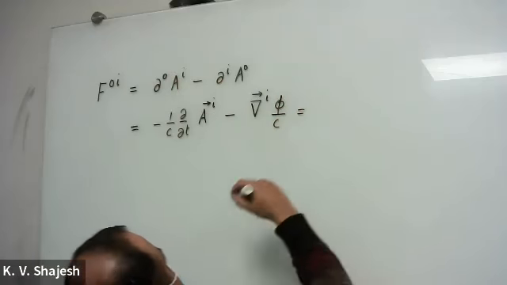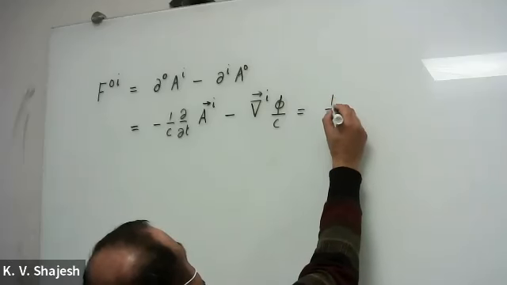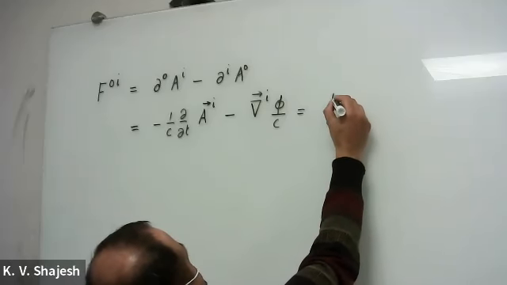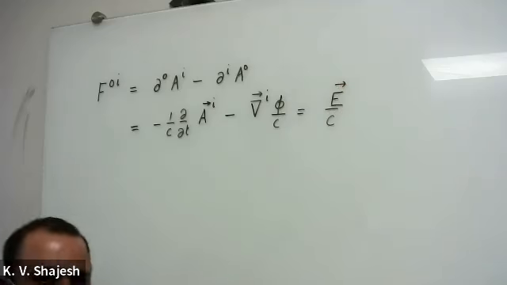Then you clearly see that this is nothing but 1 over c times the electric field. That's how I know that the 3 components on the top of this tensor are actually the electric field.